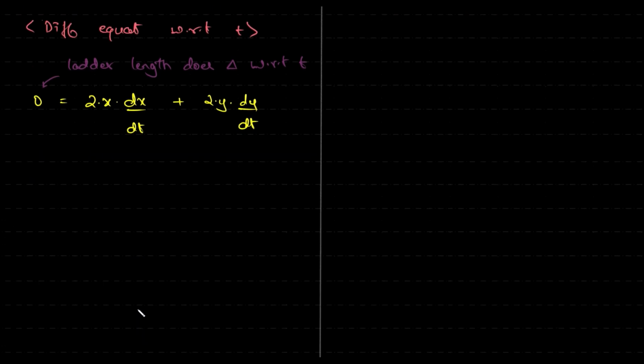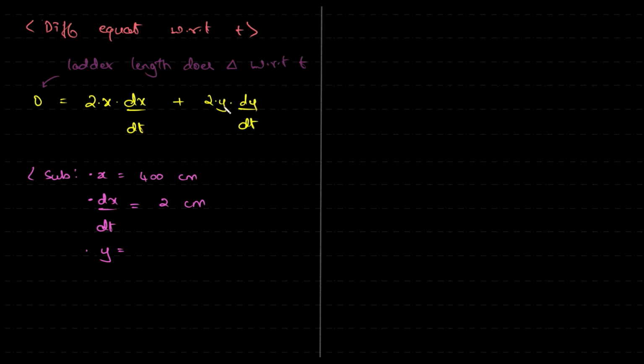Now we can substitute. We know x, we know dx by dt, we don't know y though. So we need to substitute x to be 400 centimeters away, and dx by dt is 2 centimeters per second. I hope I'm right about that. Then we have y.